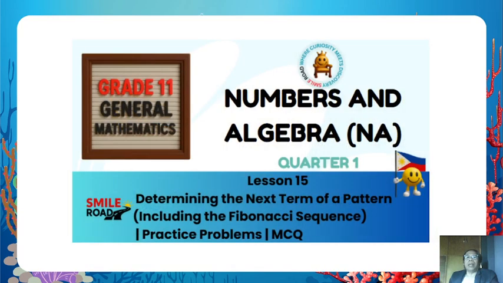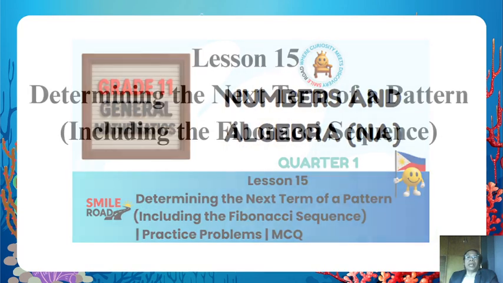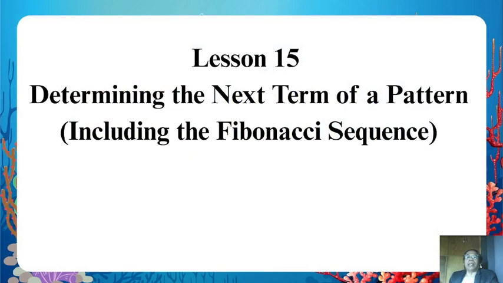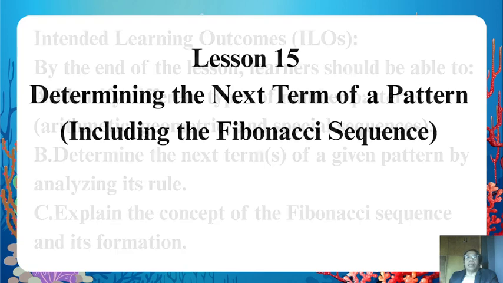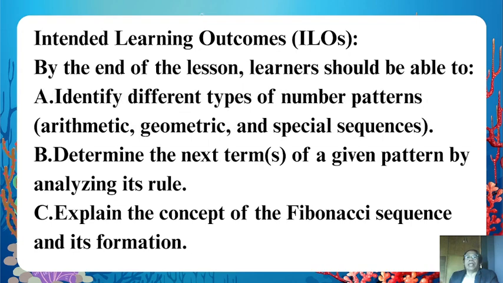We are now dealing with lesson number 15, determining the next term of a pattern, including the Fibonacci sequence. Intended learning outcomes, ILOs. By the end of the lesson, the learner should be able to: A. Identify different types of number patterns: arithmetic, geometric, and special sequences.